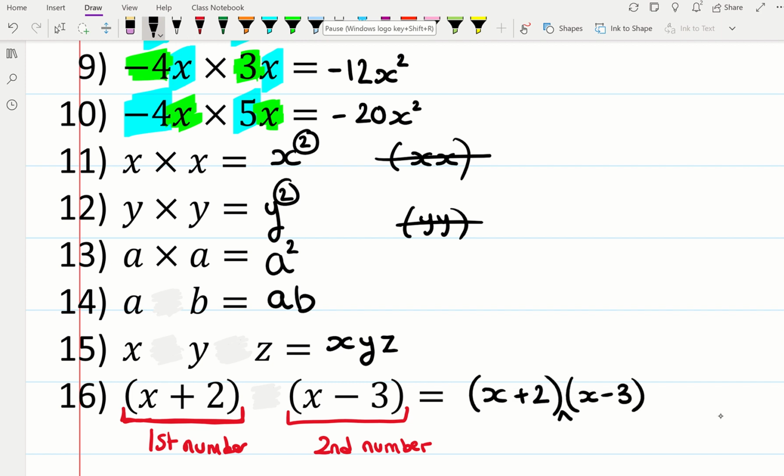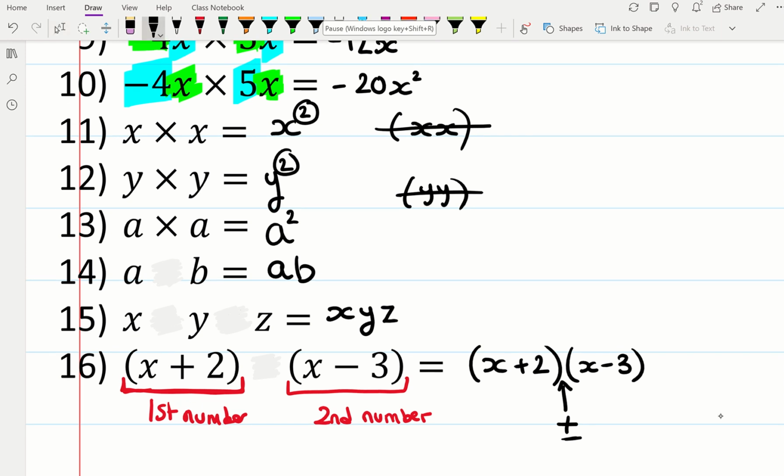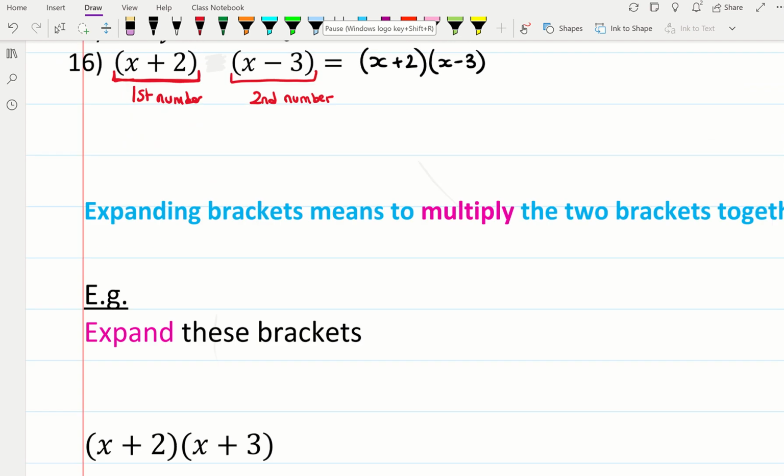And this tells you that they're being multiplied. If I wanted you to add, I would put a plus. If I wanted you to subtract, I would put a minus. If I wanted you to divide, I would put a fraction. But when two things are written next to each other, it means you are multiplying.